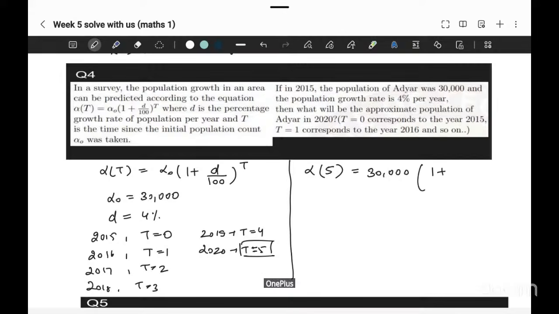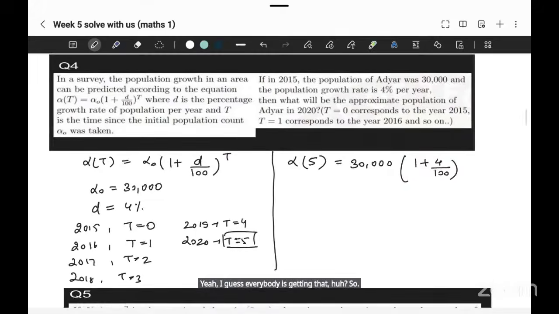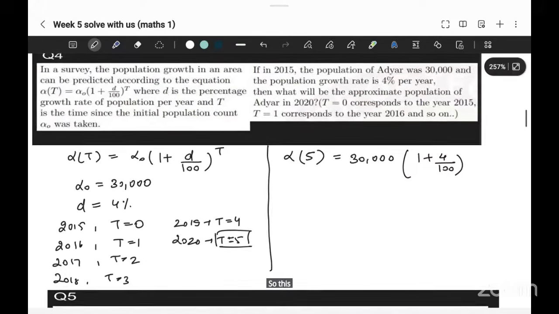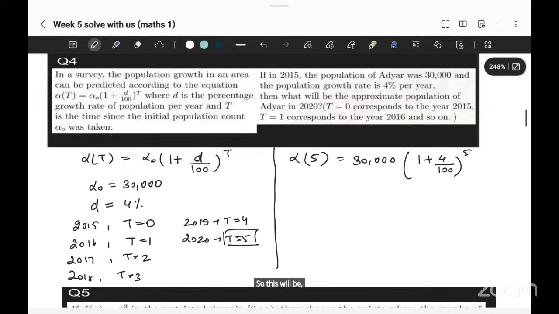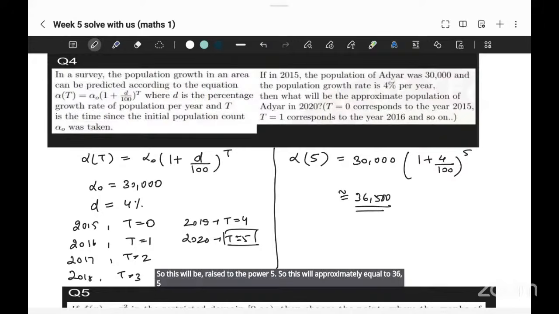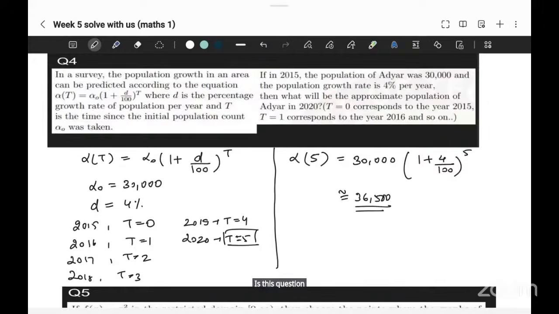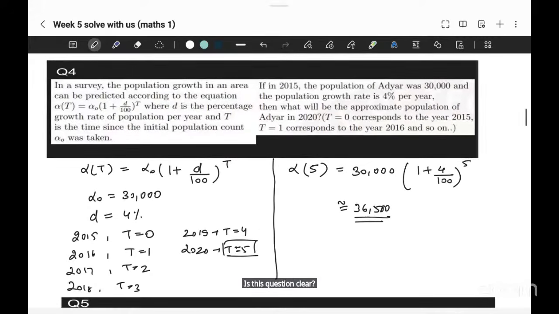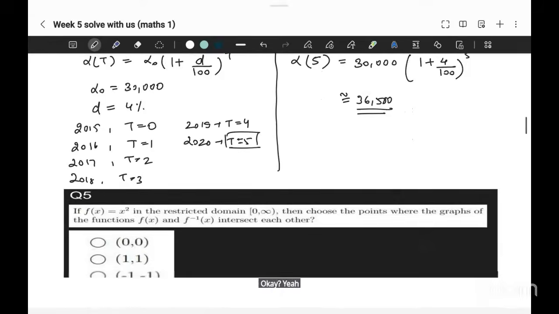Is it going to be 30,604.99? Yeah, I guess everybody is getting that. So just rounding it off, this will be raised to the power 5. So this will be approximately equal to 36,500. So that is the answer. Is this question clear? Yes, ma'am. Okay. Let's move on to the next question.